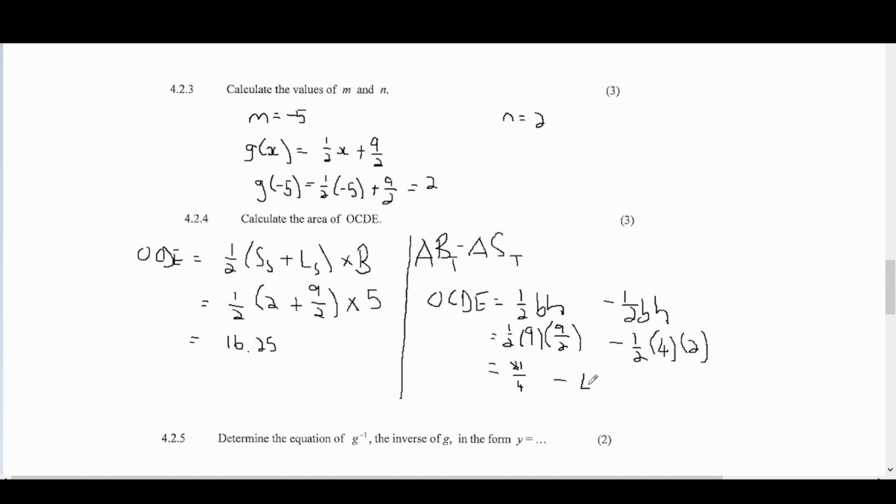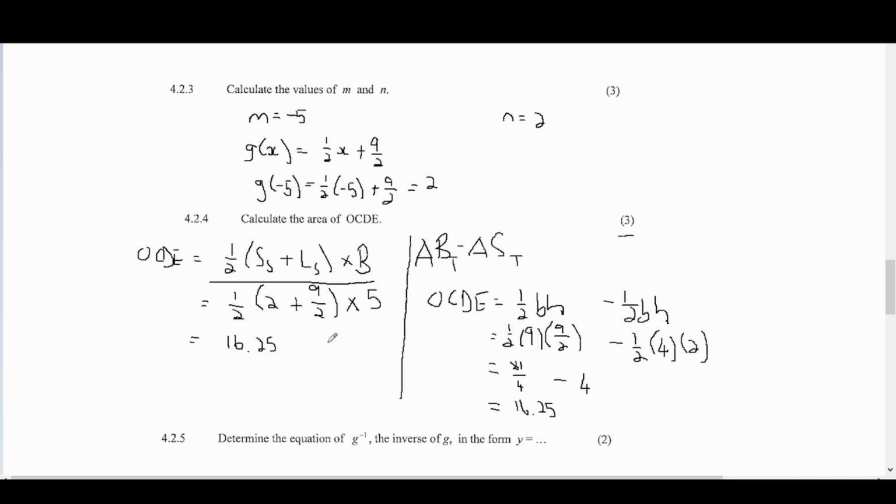So it's minus 4. And then it's 81 divided by 4 minus 4 gives us the exact same answer as 16.25. Yeah, so this is much longer. This is a lot of work for 3 marks. But that's of course if you didn't know this little equation here.